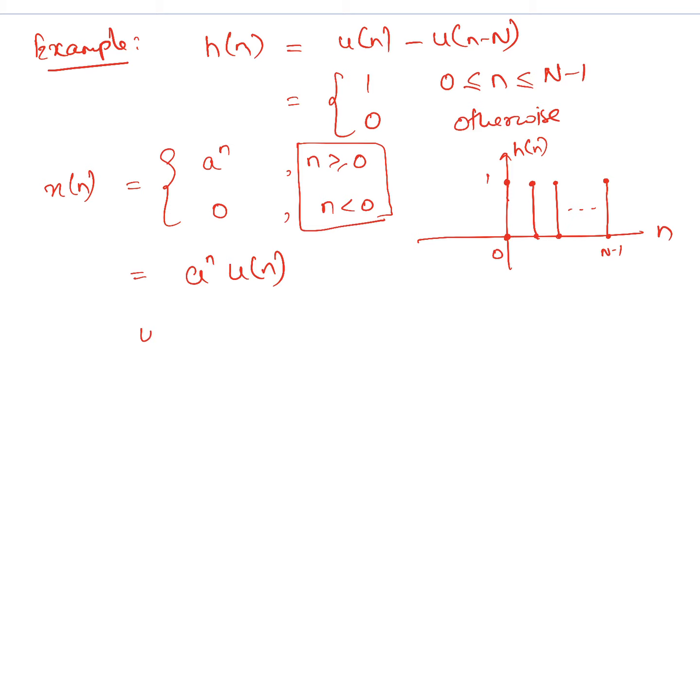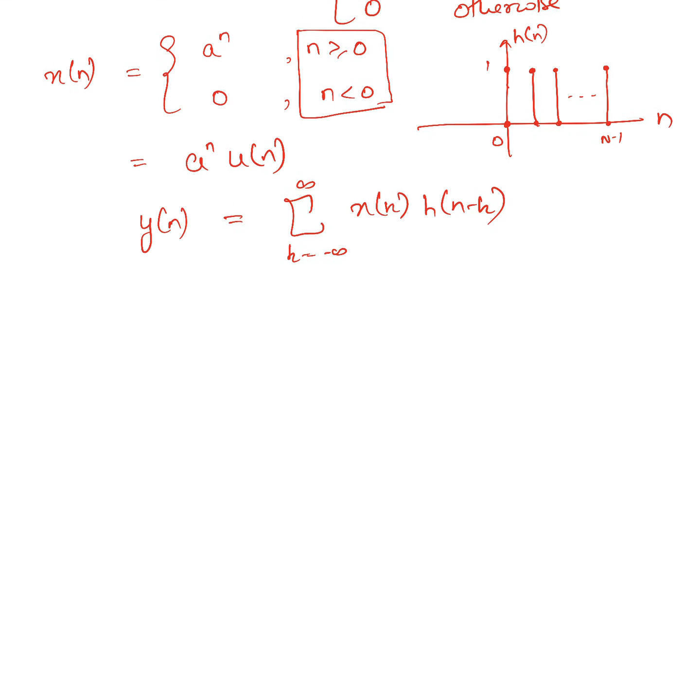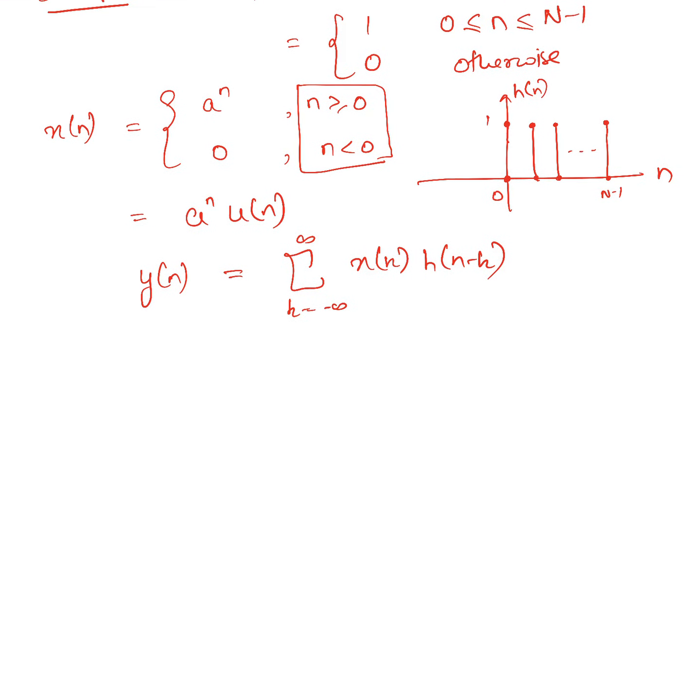So the formula we had seen earlier is y of n equals the summation over k from minus infinity to infinity of x of k h of n minus k. By using this formula, let's see how we compute y of n. But before that, let's draw the signal x of n for a better visualization.